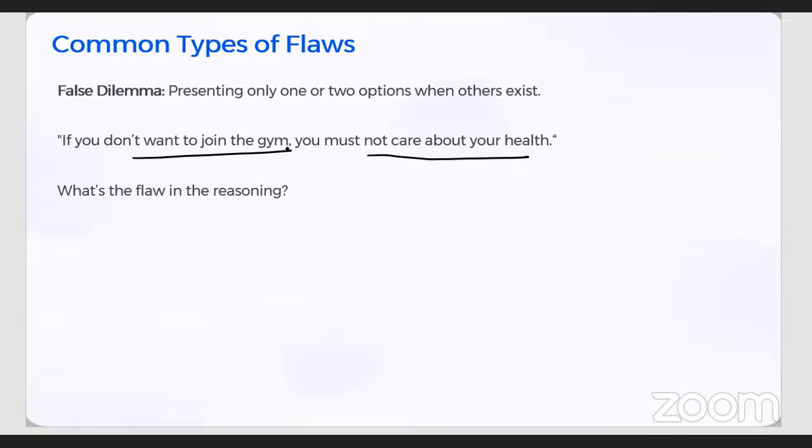The flaw is that the author is assuming that the only way to show that you care about your health is by joining the gym. He is not taking into consideration that maybe you can go for a walk, maybe this guy is into yoga, maybe this guy is into Pilates or whatever. I don't necessarily have to go to the gym to show that I care about my health. What is the flaw in the reasoning? The author has assumed that this or this is the only scenario.